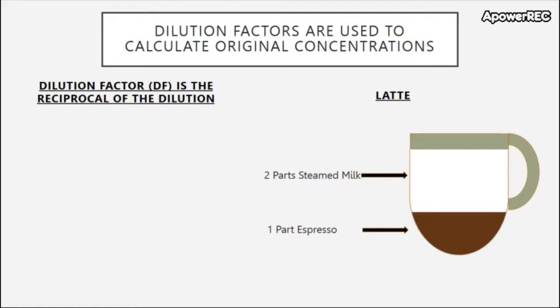Just as we saw in the previous slide, we would need to figure out what the concentration was in the original tube when we counted 3 CFUs on the plate. In order to do so, scientists use something called a dilution factor. A dilution factor is used to calculate the original concentration. The dilution factor is defined as the reciprocal of the dilution.